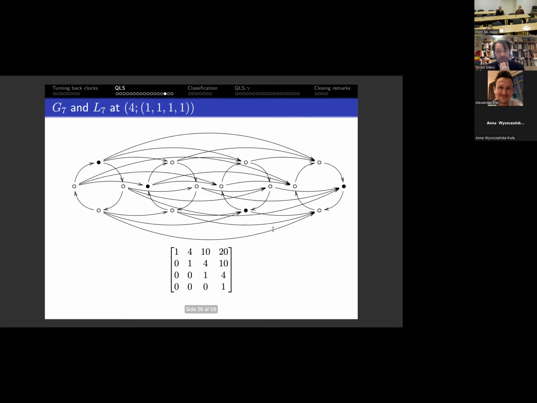But now you can almost guess, right? Suppose I have 4, then I will now get different numbers, just like with the clocks. Suppose I have 4 and I go 1, 1, 1, 1, 1. Then I get this matrix here, and the interesting number here is 20. 20 is the number of ways of going from the rightmost black vertex to the leftmost black vertex to the rightmost black vertex.